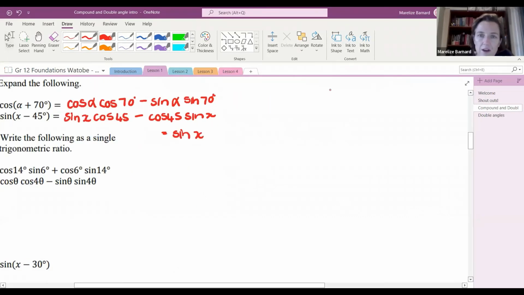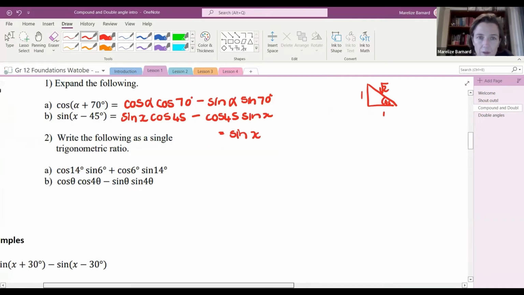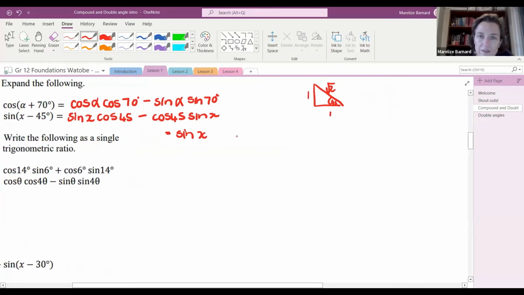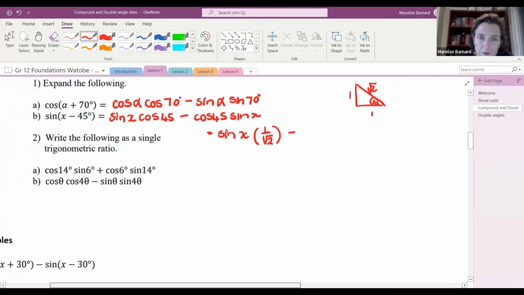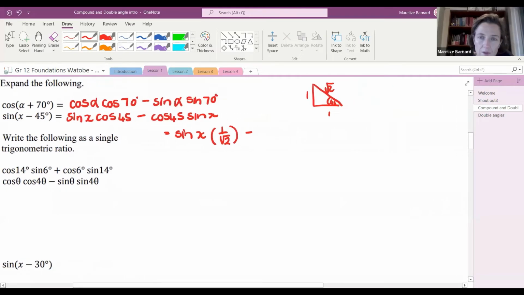So we use our 45-degree angle. So that's 2, root 2, 1 and 1. So cos of 45 is adjacent over hypotenuse, minus cos 45 is adjacent over hypotenuse again.